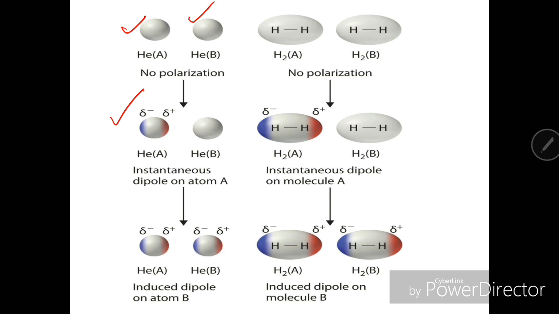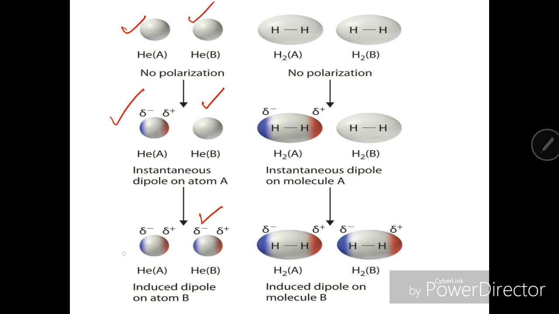Now this atom will induce another instantaneous dipole in the nearby atom, and as a result another atom will also be changed to an instantaneous dipole, and this is called an induced instantaneous dipole. Now the instantaneous dipole and induced instantaneous dipole attract each other through a weak electrostatic attraction, and that is dispersion force.